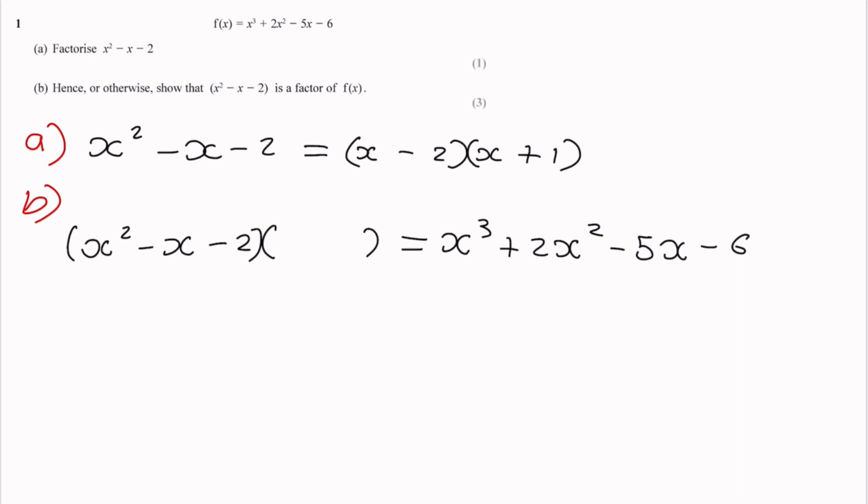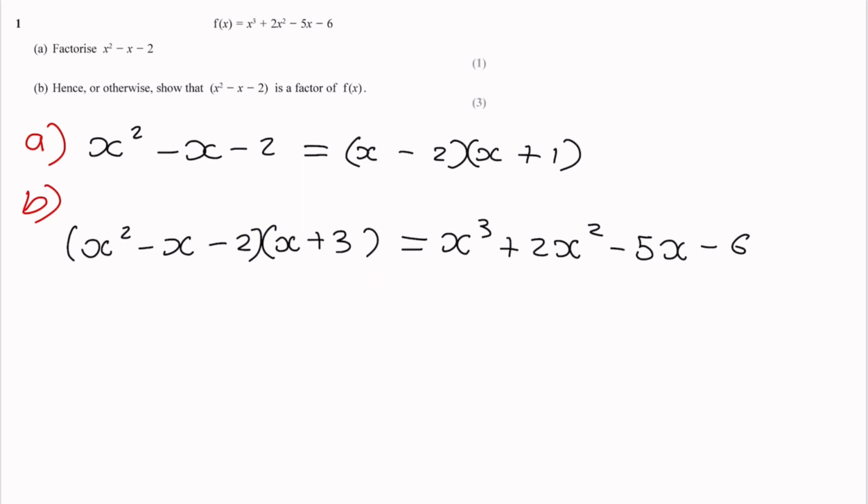So therefore we need to times this x squared by an x to get the x cubed term. And then to figure out what goes on the end of this bracket here, we just look at the number on the end. How are we going to get from minus 2 to minus 6? Well, we must multiply by 3. So therefore we get straight to x plus 3, which is the answer we got from the long division.